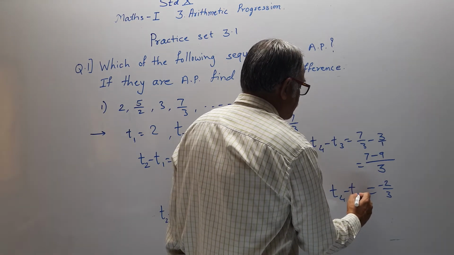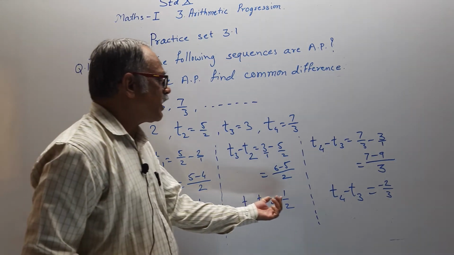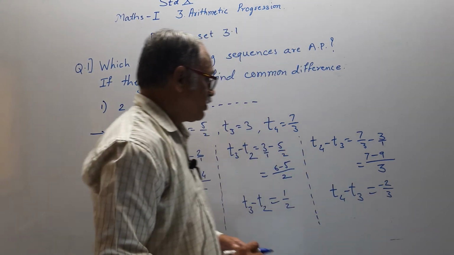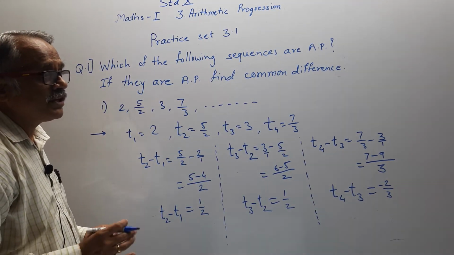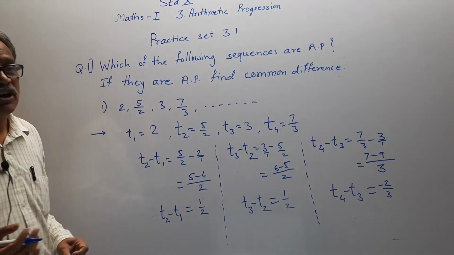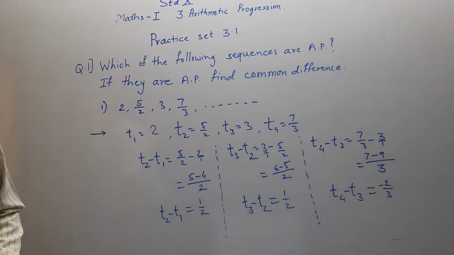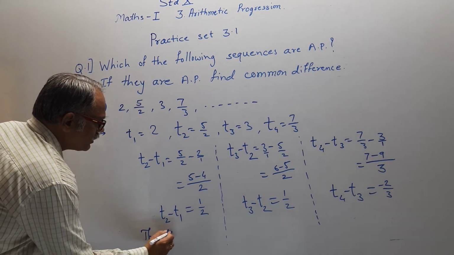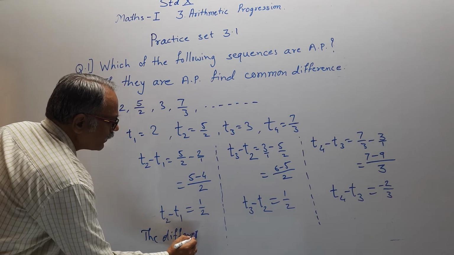Whether the common difference is there, the difference should be the same everywhere. Here it is half, here it is half, it looks like yes, but no, the next is different. So Tn plus 1 minus Tn is not constant. The difference between consecutive terms is not constant.